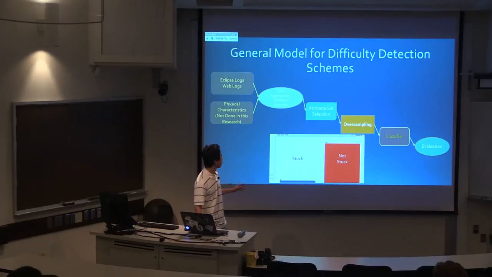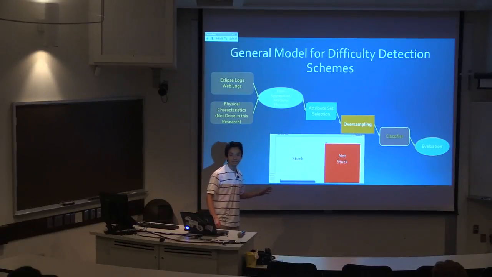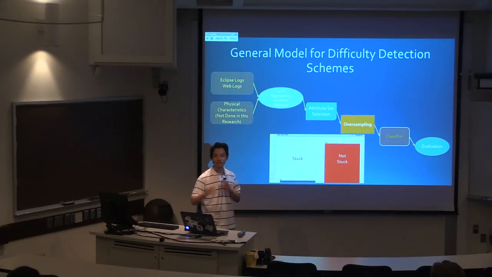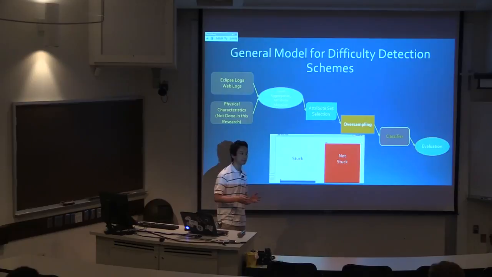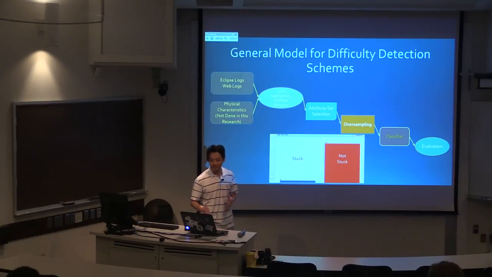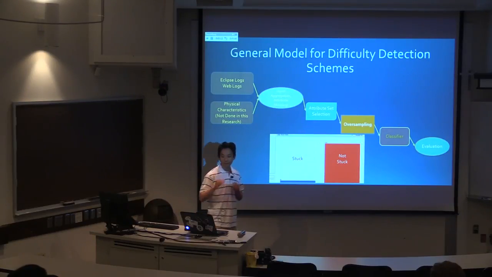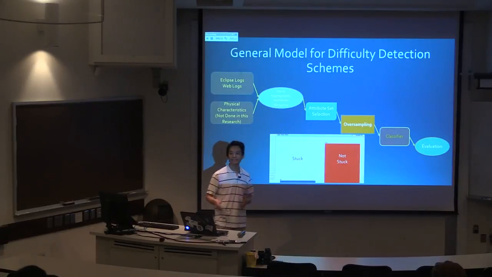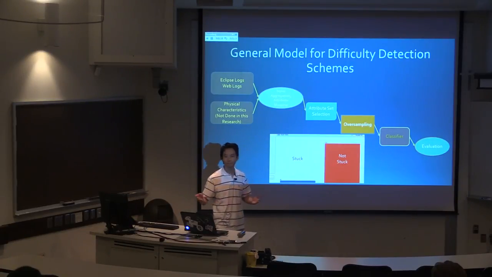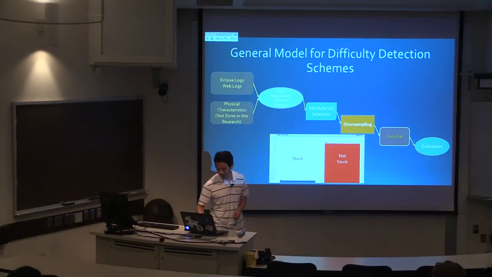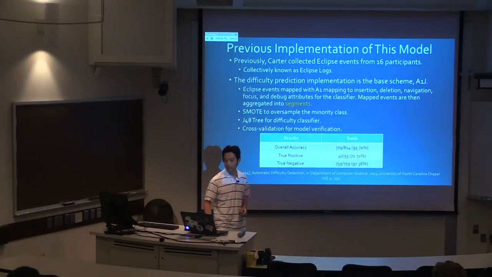And what the classifier will do in this instance is predict everything as not stuck, because of Occam's razor, it can predict everything as not stuck and still get 96% overall accuracy. So we need oversampling to boost the number of instances of the stuck class, so that the classifier will at least consider predicting it. And that's a major source of difficulty here.